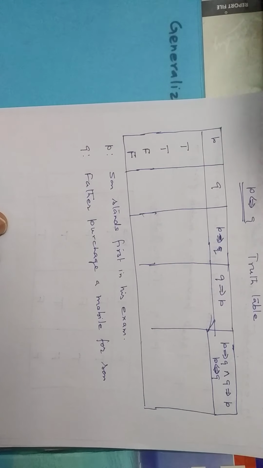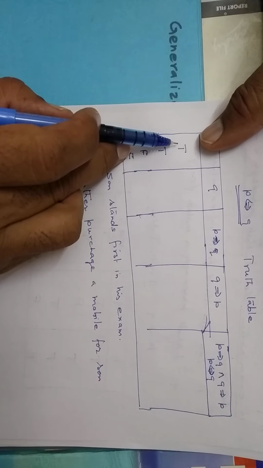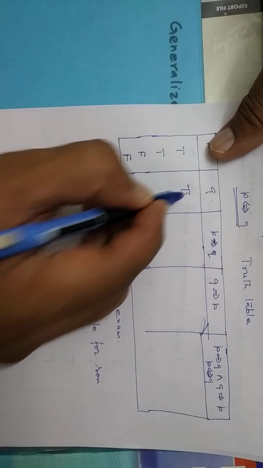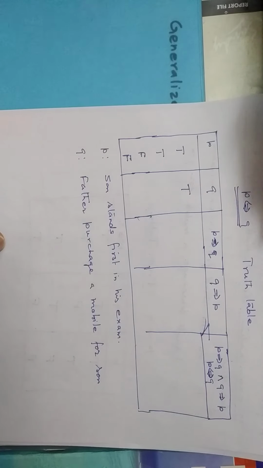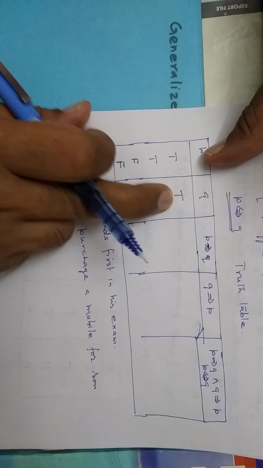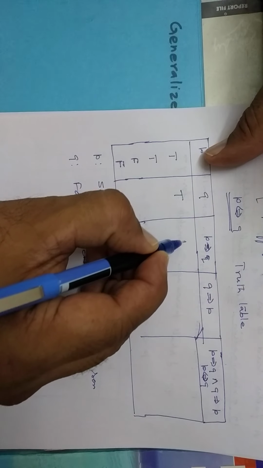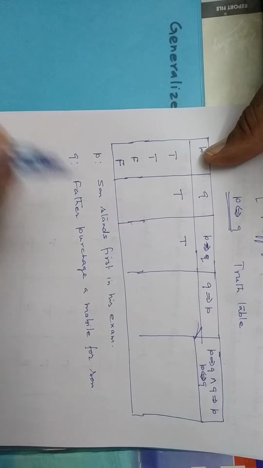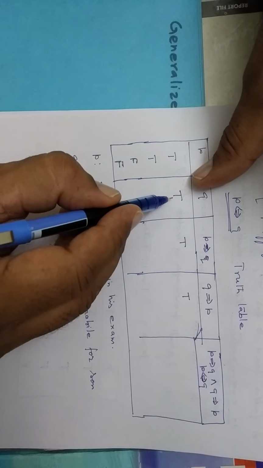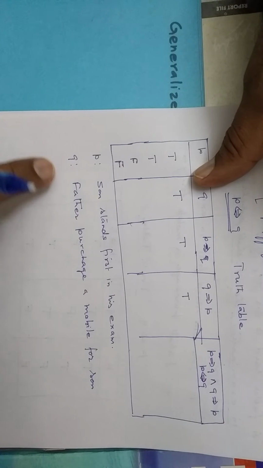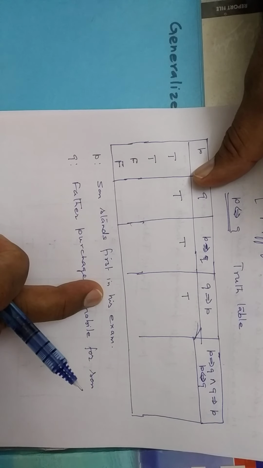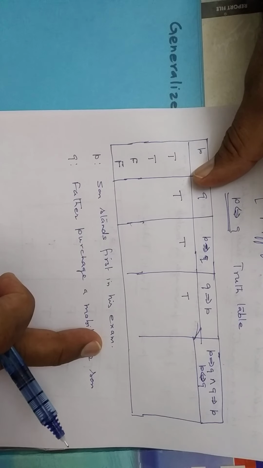Such two statements are there. P is true means son stands first in exam, and father also purchased mobile for him. Then both values are true. P implies Q is true, and Q implies P is also true, because now the sentence has changed: if father purchases mobile, then son stands first.